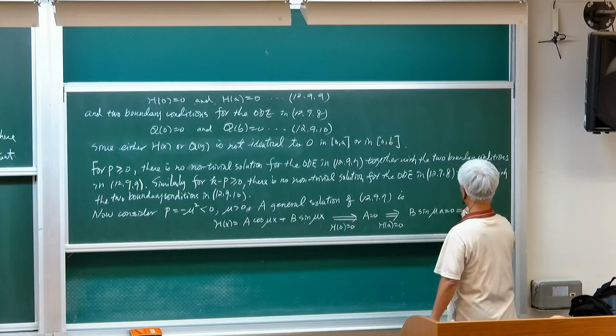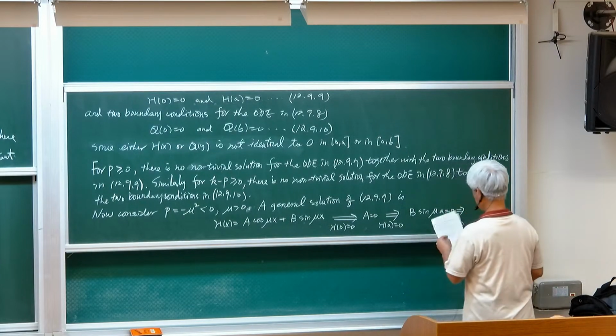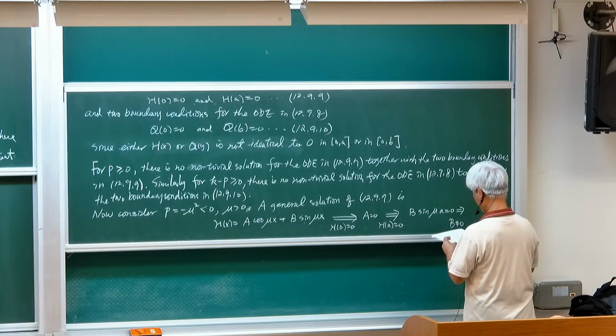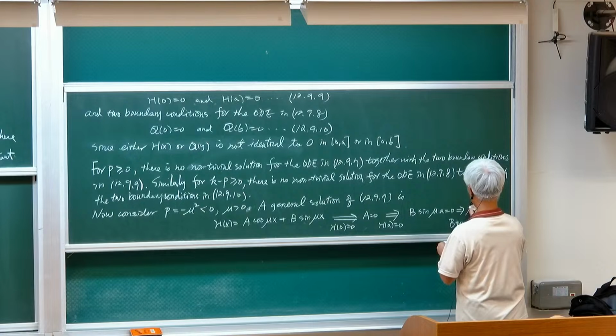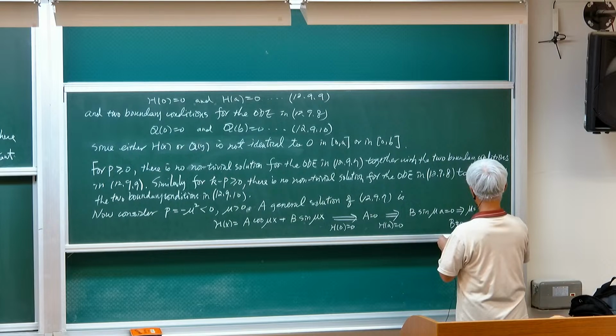And so b not equal to 0 implies that mu should be equal to n pi divided by a, n greater than or equal to 1.